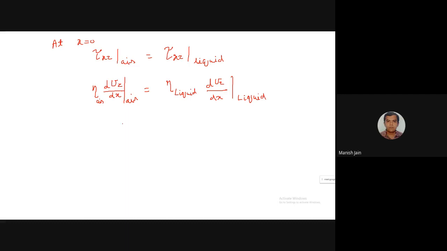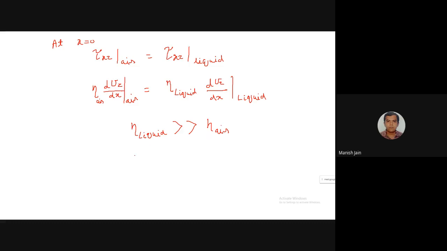Now in this equation, you know that the viscosity of liquid is far larger than the viscosity of air. So eta liquid is much greater than eta air. Okay, this is the apparent viscosity.